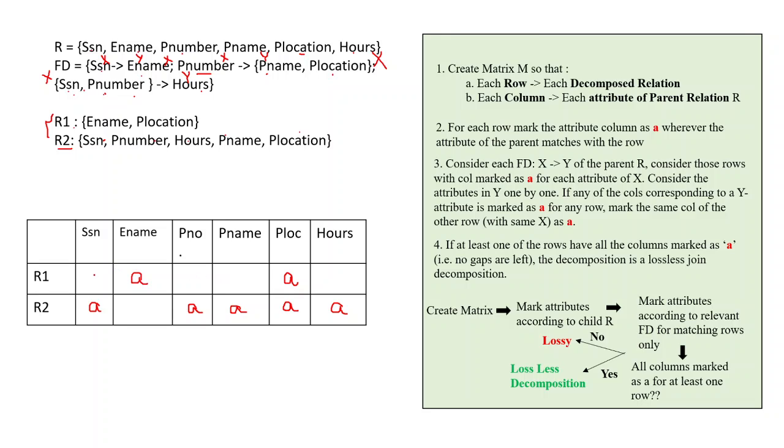R1 also had to have SSN and P number marked as A for further consideration, but it does not have that. So we cannot consider this functional dependency also.